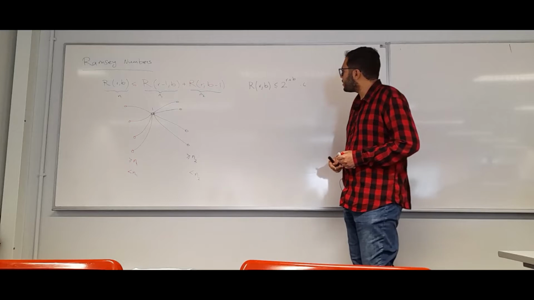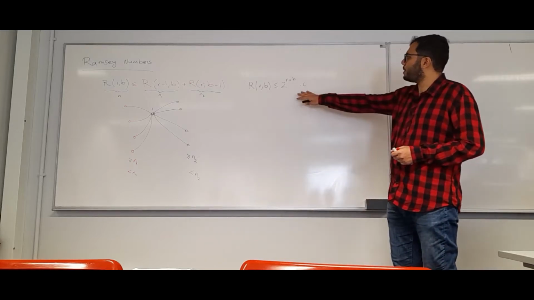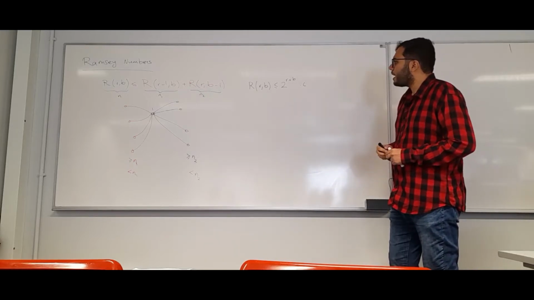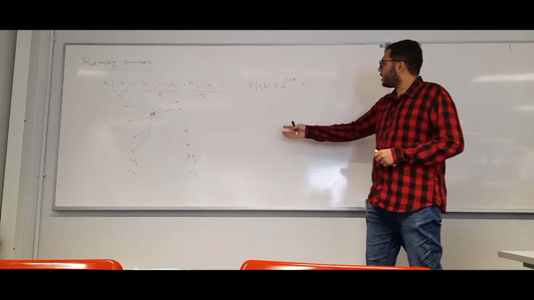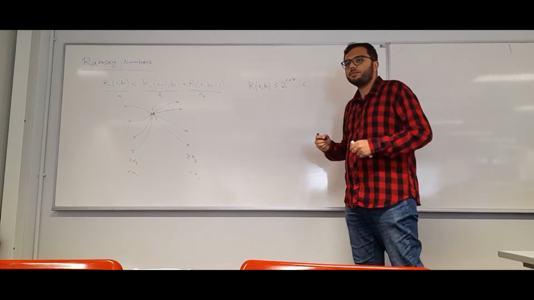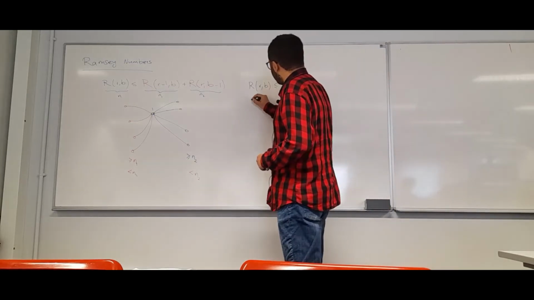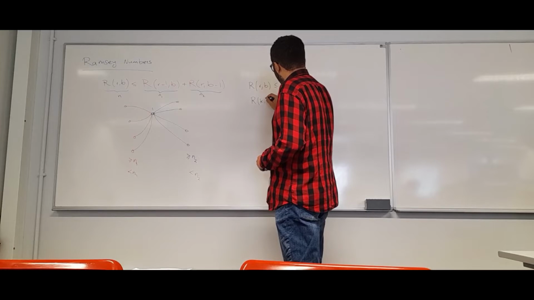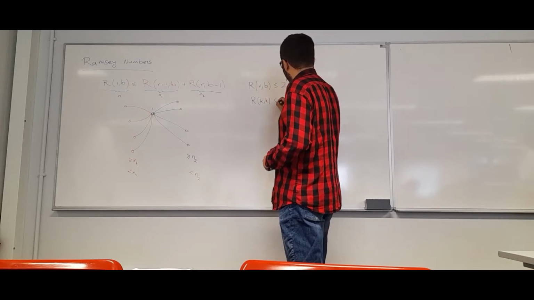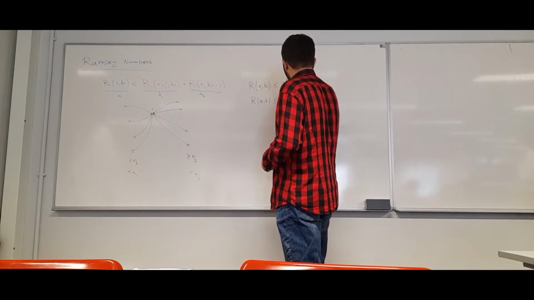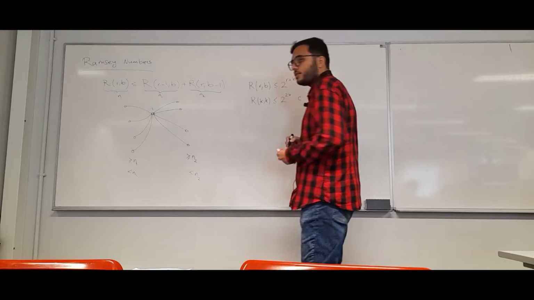Okay, so now I have an upper bound on my Ramsey numbers, and actually, because I don't like to have too many different values here, let's say that I just look at R of k. Okay, so I know that this is at most 2 to the power of 2k times some constant.